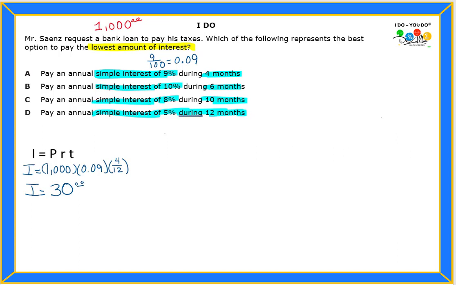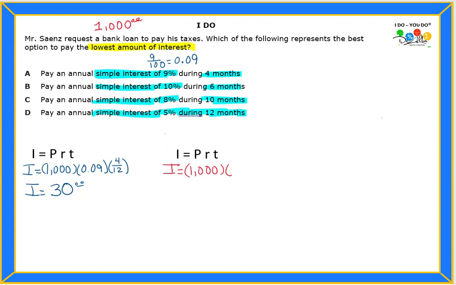But we're gonna work the same problem with a different interest rate, okay? So the principal is still gonna be 1,000. That's the only way that I can compare them if we use the same amount of loan. Don't change it because then things go different, okay? So my interest rate is 10%.